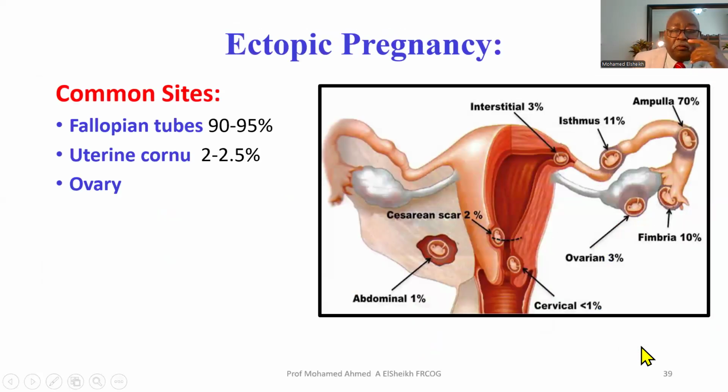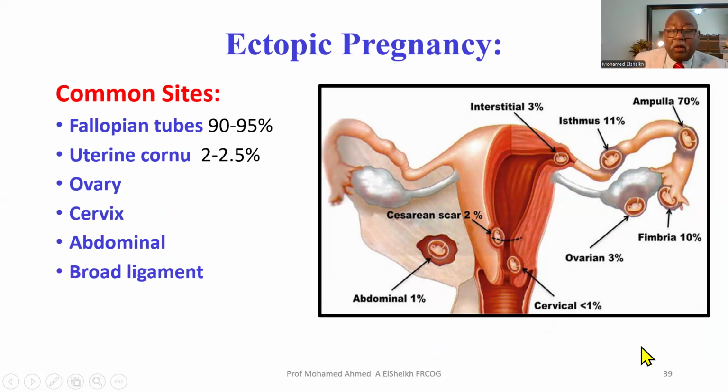Common sites for ectopic pregnancy, as we have just mentioned, are the fallopian tubes, almost 90 to 95% of it. It could be in the isthmus of the fallopian tube, in the ampulla of the fallopian tube, and rarely at the fimbrial end. So the commonest is the fallopian tube. The uterine cornua is about 2 to 3%, the figure being given here at 3%.